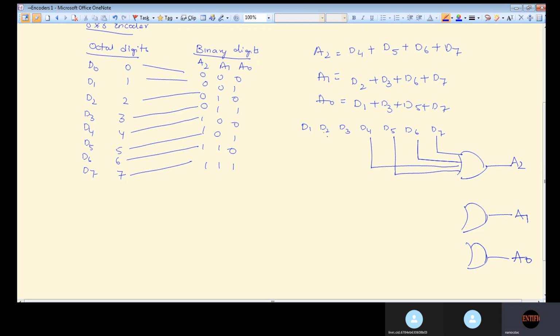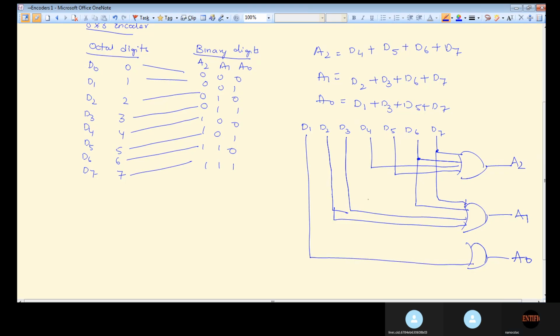D2, D3, D6, and D7 from here. A0 has D1, D3, D5, D7. D1, D3, this is D3, next D5, and this is D7.